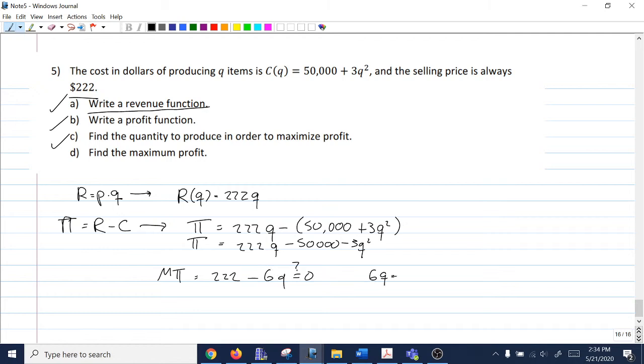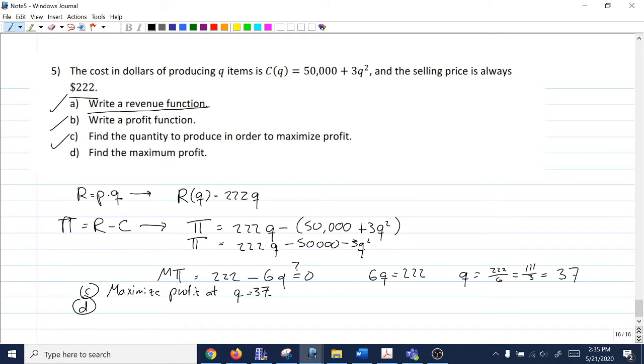That's when 6Q equals 222. That's when Q is 222 over 6. That's 111 over 3. That's 37. There's our Q value to maximize profit. Q equals 37.